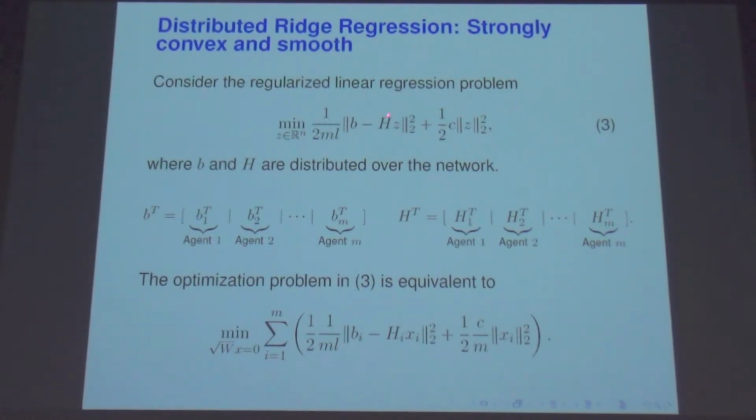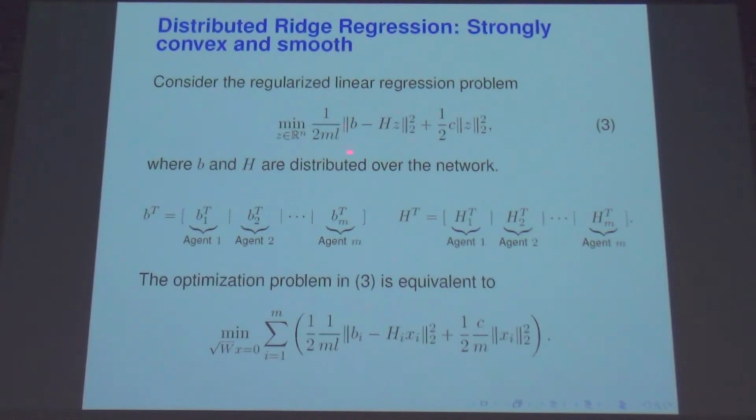And the same, matrix H is also stored in a distributed manner, so each agent only knows a single part of it. So ideally, you would like to solve the full optimization problem, but each agent only knows one pair Hi and Bi.